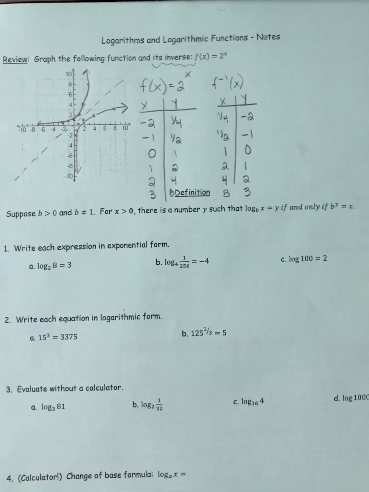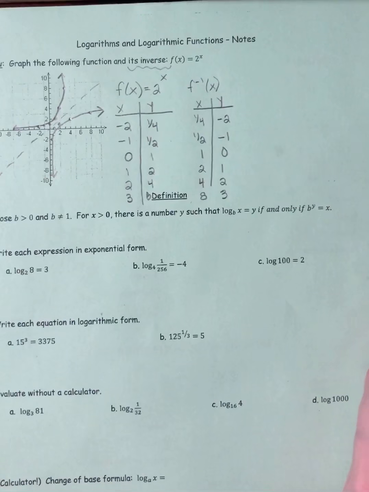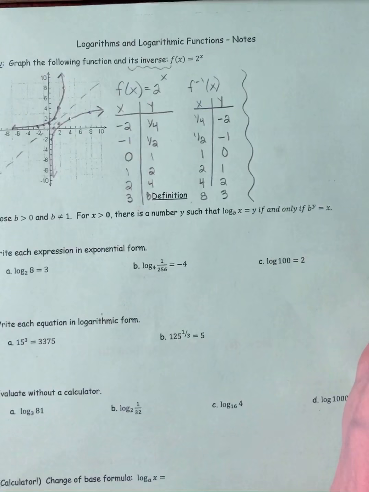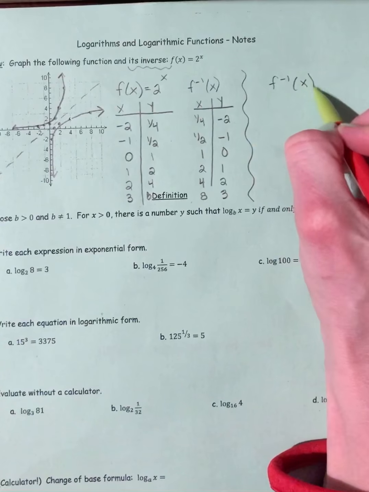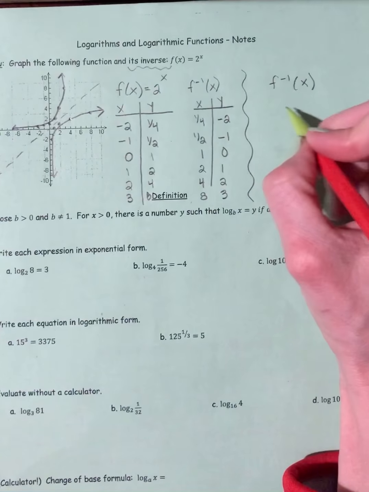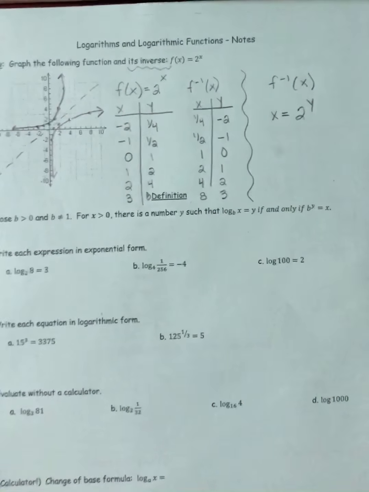Now, if we go to solve for the inverse function of f of x, in order to solve for the inverse, you're going to switch the x and the y values. So instead of y equals 2 to the x, now we have x equals 2 to the y power.